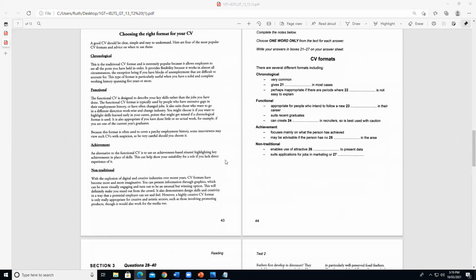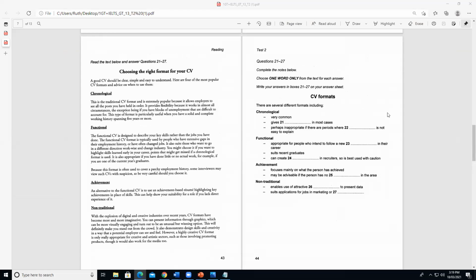This is the same type. Can you try and solve this? Try and predict what word, then go look for it. See how many words, if it's from the text or what. So it's 7 words. I'll time you for 7 minutes.